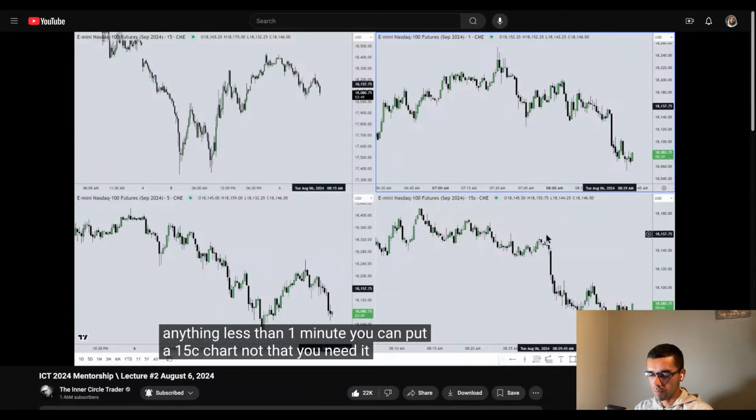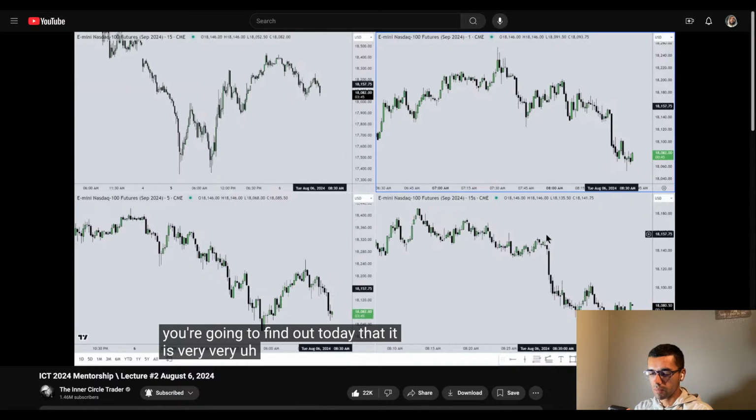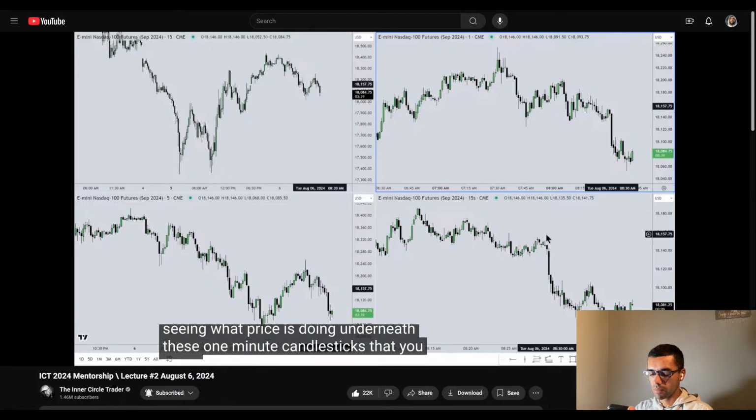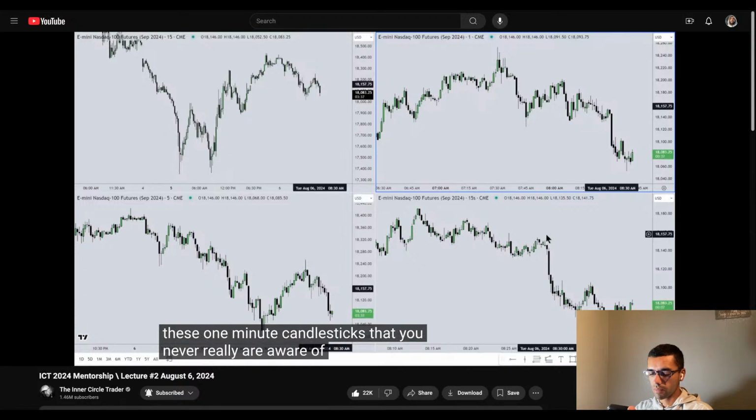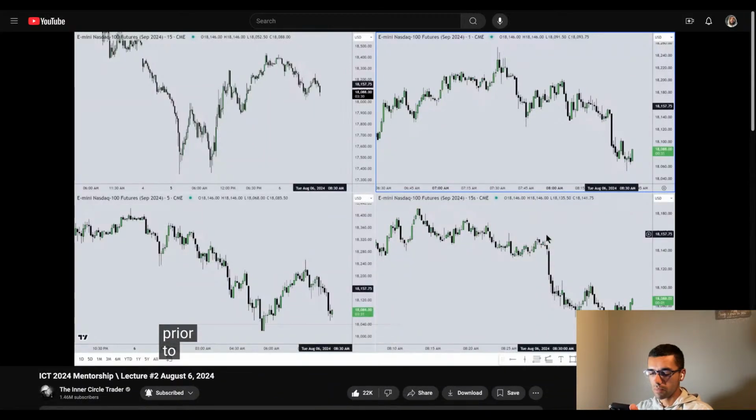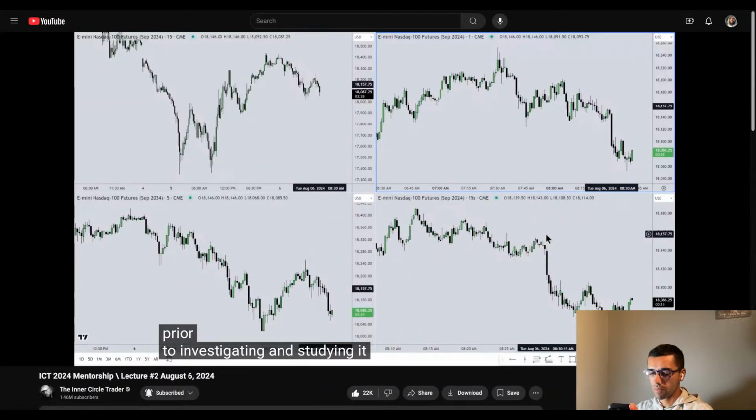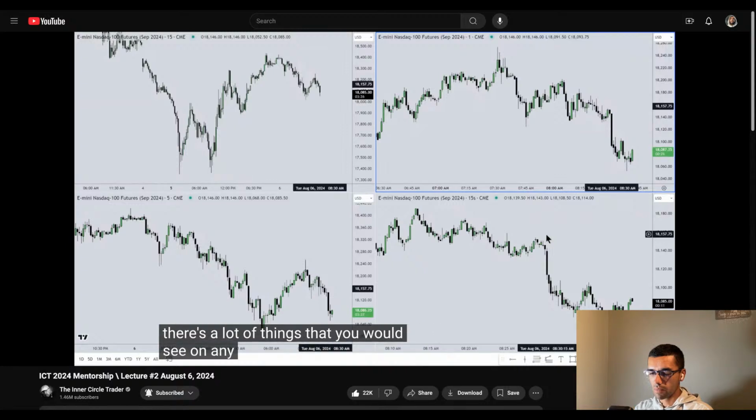Not that you need it, but you're going to find out today that it is very, very informative for seeing what price is doing underneath these 1 minute candlesticks that you never really are aware of usually, or you probably didn't even think of it prior to investigating and studying it, because there's a lot of things that you would see on any other time frame occurring on that 15-second chart.